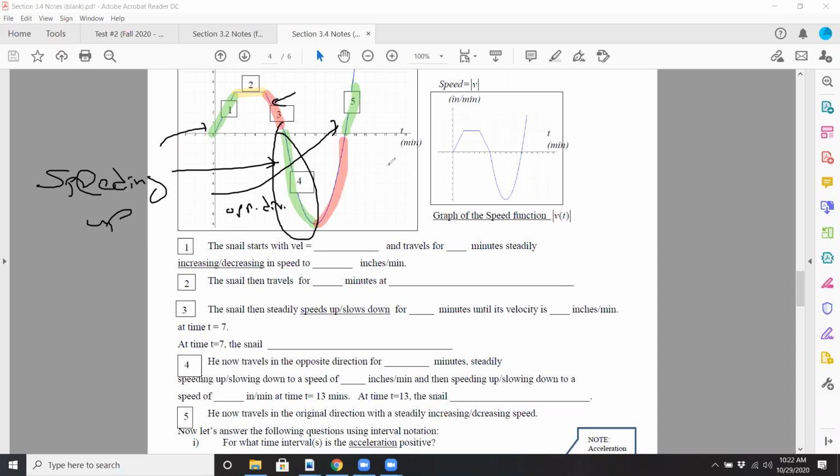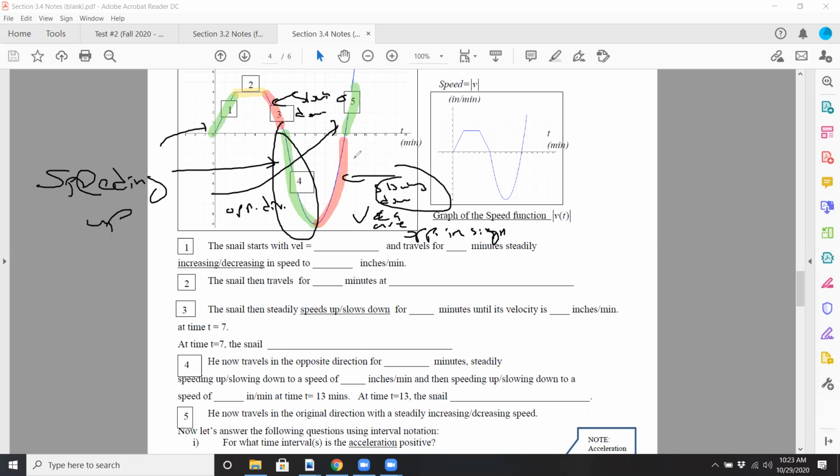Here, we're slowing down. So it happens that when the velocity and acceleration are opposite in sign, you have a slowing down.